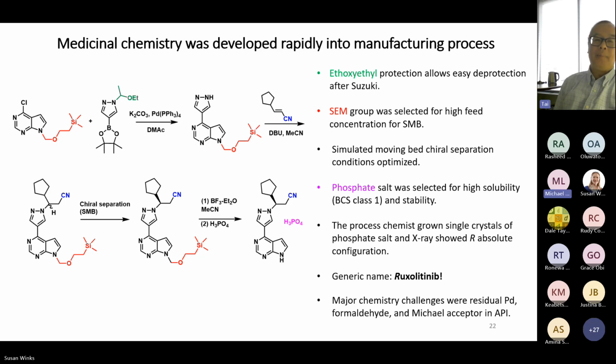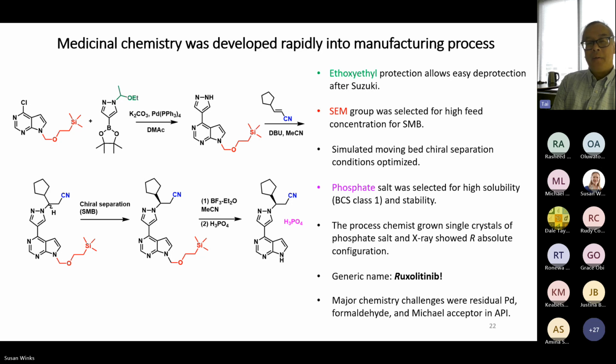That gained us a BCS class 1 classification with the FDA on this drug, which is very good. The stability of the phosphate salt is really super. I went into the lab myself and grew a crystal of the phosphate salt, and later on, single crystal X-ray crystallography for the first time showed it was in the R absolute configuration.